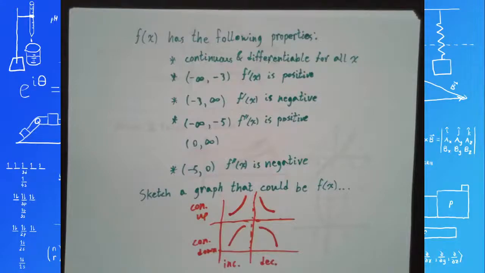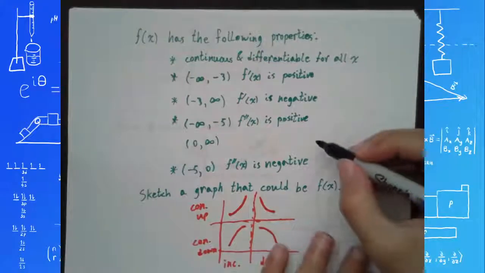So make sure you know those 4 strokes. Once you know what increasing concave up looks like versus increasing concave down, and so on, once you know those 4, you should be able to handle any problem like this just fine. So let's see what the graph of this thing would look like.